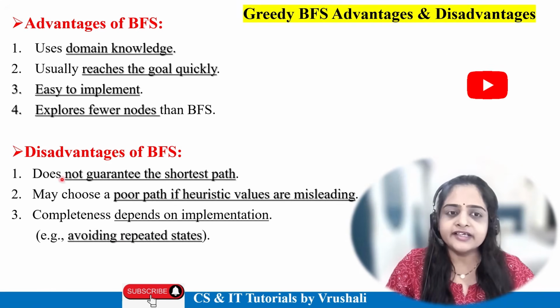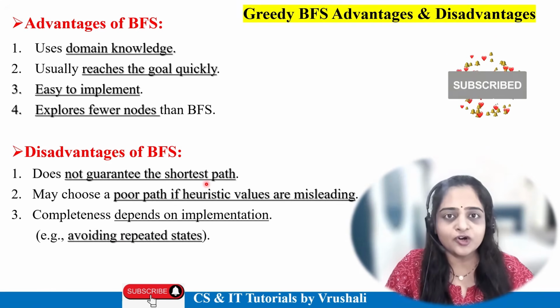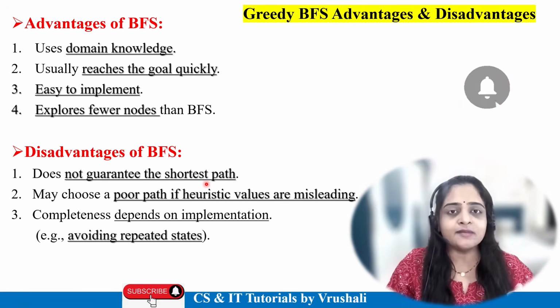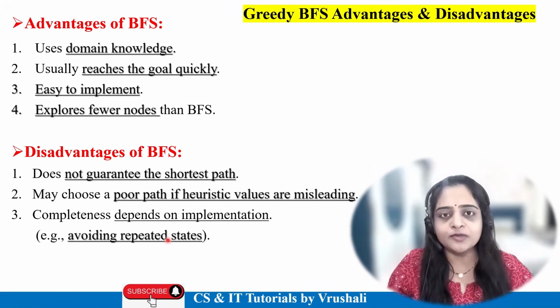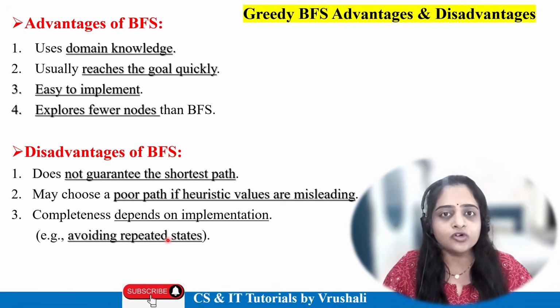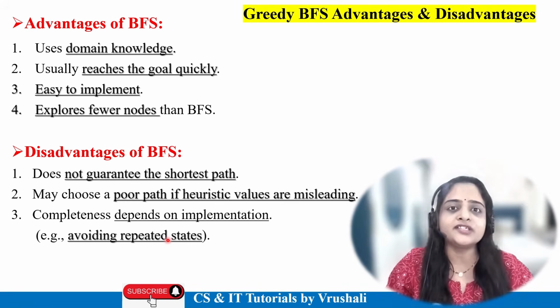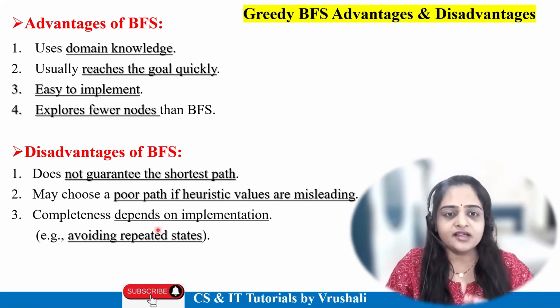Disadvantages are that there is no guarantee of finding the shortest path, as we discussed in the example of the Zomato rider, right? Then it completely depends on implementation. It does not avoid repeated states. If a large number of nodes are visited, this algorithm is not suitable. So these are some advantages and disadvantages of it.